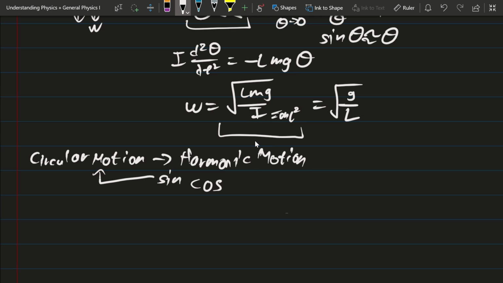And so the way that you could describe a circular motion is by using sines and cosines if you represent it in Cartesian coordinates. And so this relation brings us that you could represent harmonic motion by using circular motion.